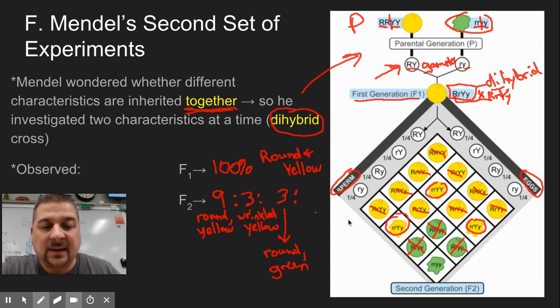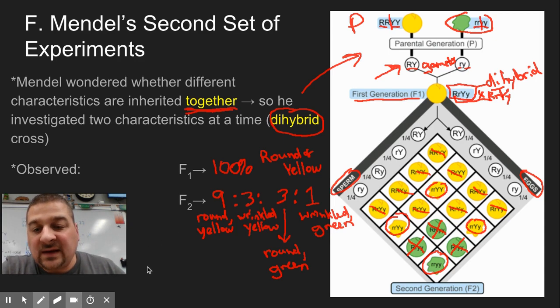Then there was 1/16, 1 out of the 16 possibilities, that was recessive for both traits, so it would be wrinkled and green.